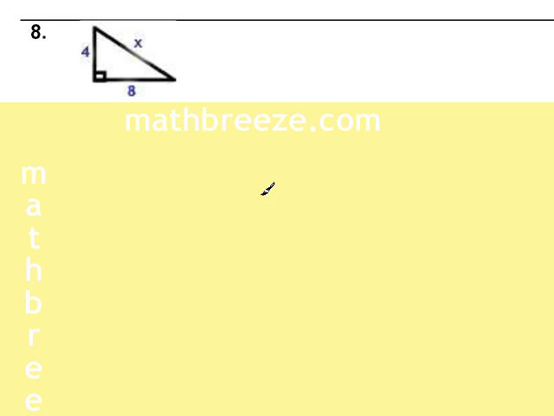Okay, number 8, we have another triangle. This time, x is the hypotenuse, so x is c. So in this, we have the Pythagorean theorem, and we're going to replace c with x. So this time we have 4 squared plus 8 squared is equal to x squared. We could also write 8 squared plus 4 squared.